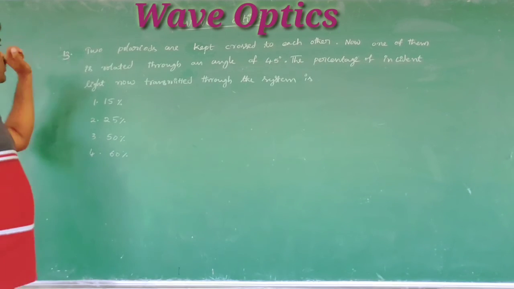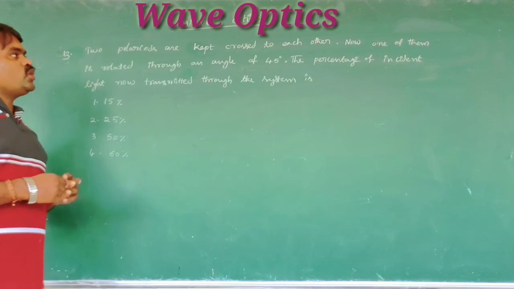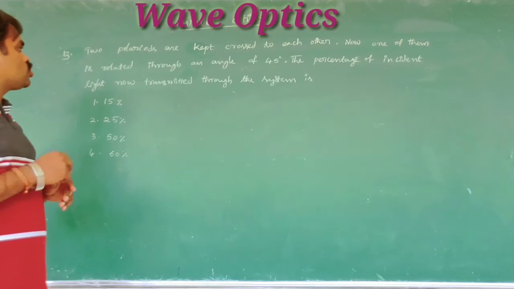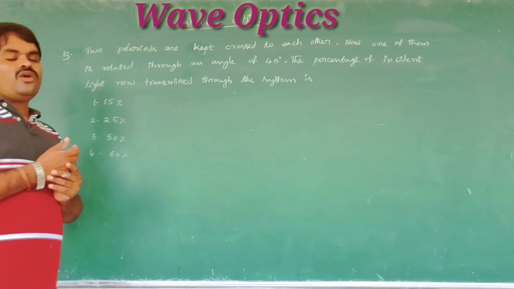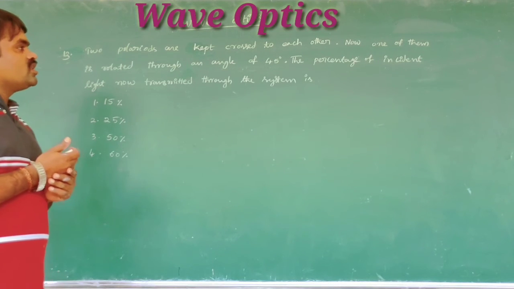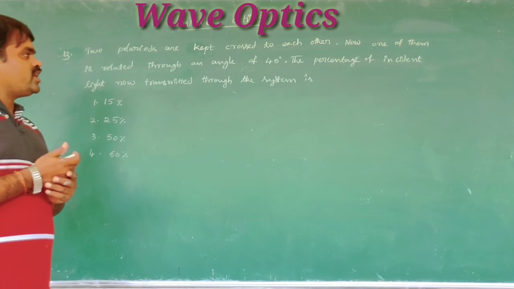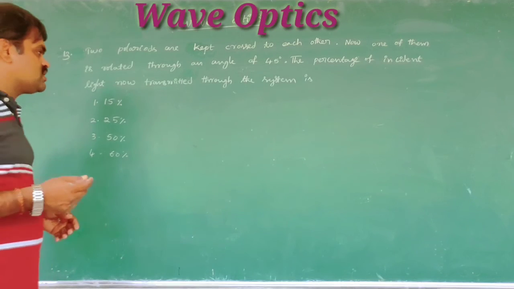Now going to the third one. Two polaroids are kept crossed to each other. Now one of them is rotated through an angle of 45 degrees. The percentage of incident light now transmitted through the system is?